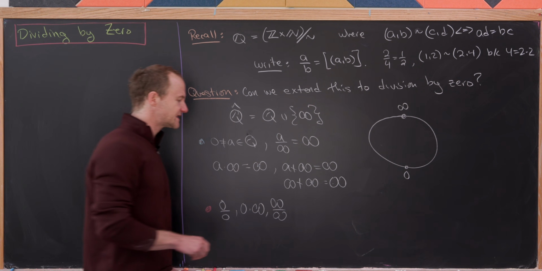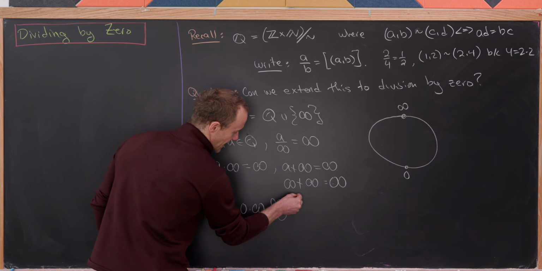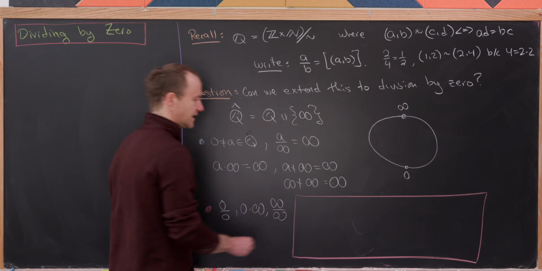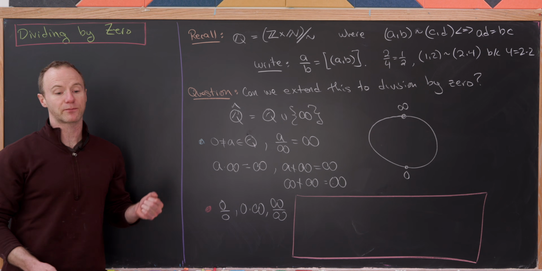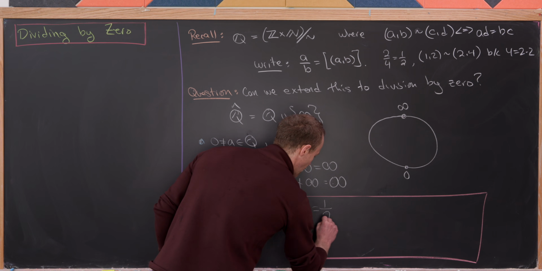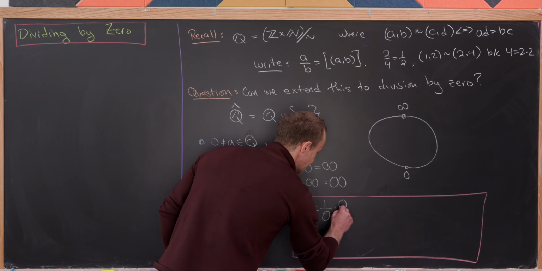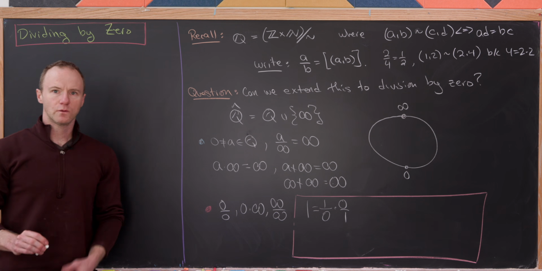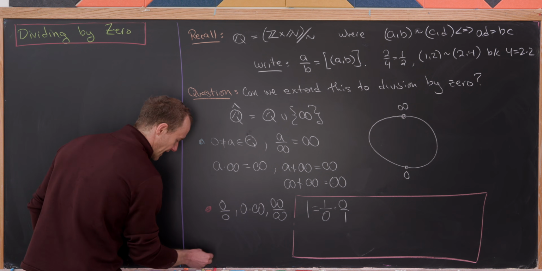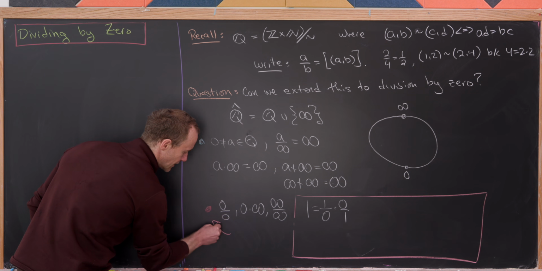And all of these things are in fact undefined because if they were defined, you would end up with some pretty big problems. So if you were to take the number 1 and write it as 1 over 0 times 0 over 1, which seems reasonable, I know I just said that these were undefined. I said it out loud, but I didn't write it down.